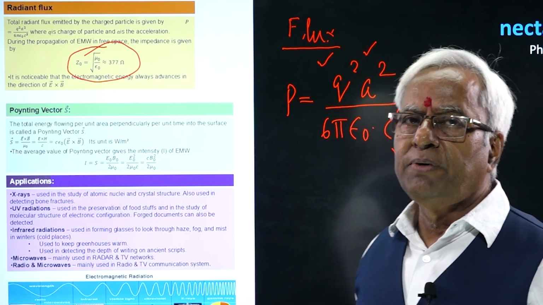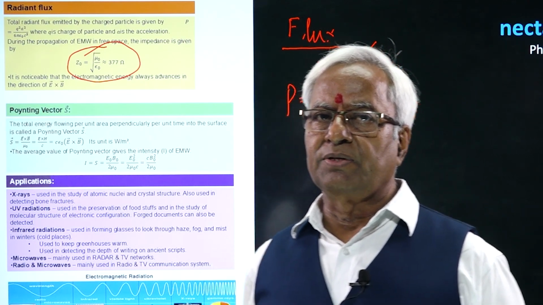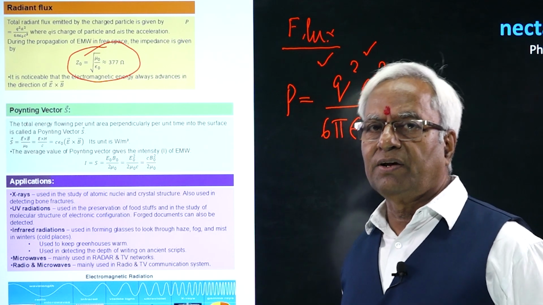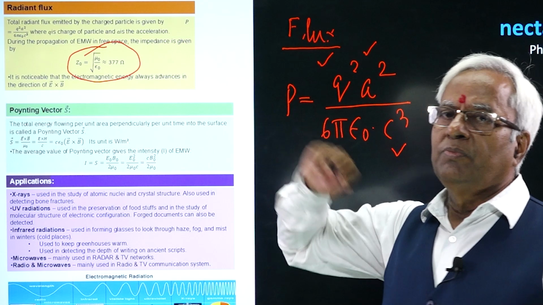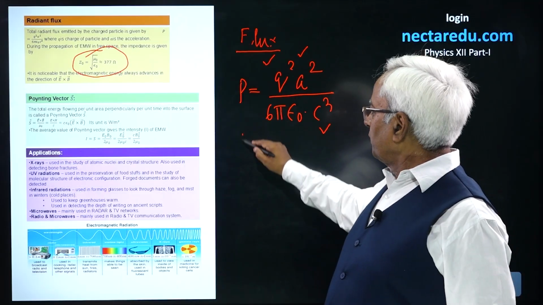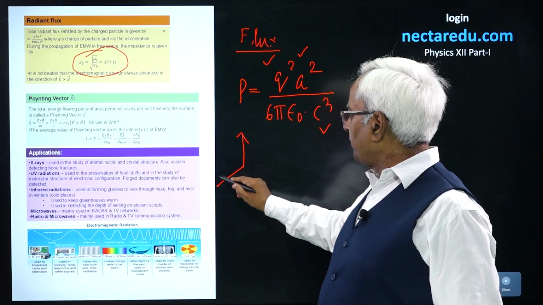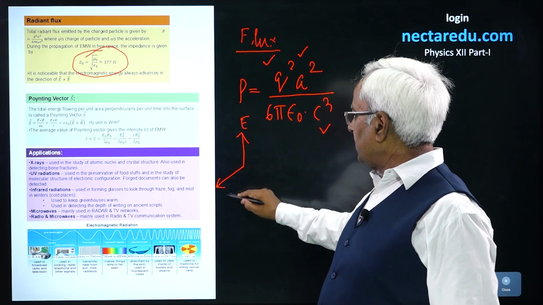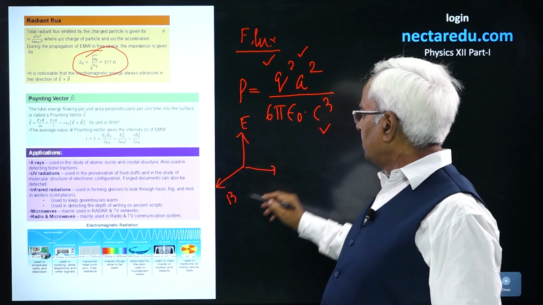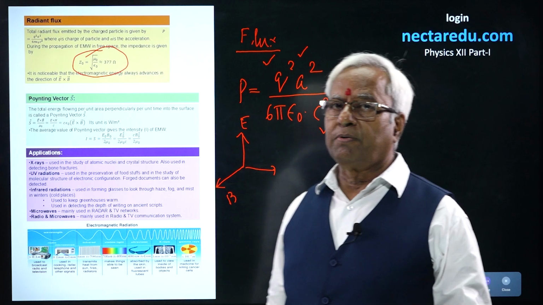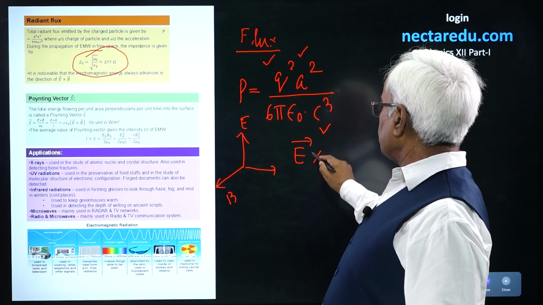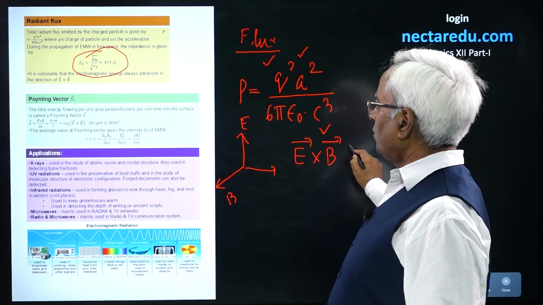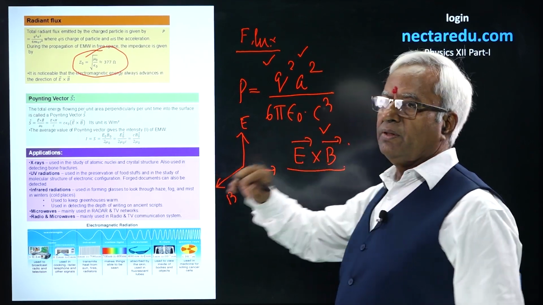We would say the impedance offered by free space in the propagation of electromagnetic waves is equal to 377 ohm. One thing is also very important to note: when electromagnetic waves travel, the direction of their propagation is given by vector E cross vector B.